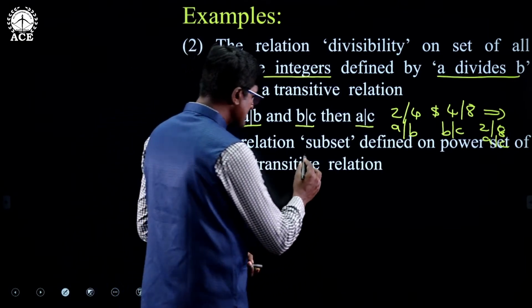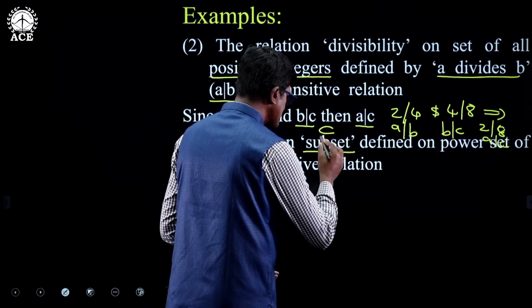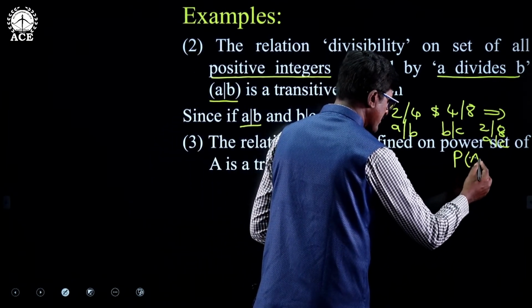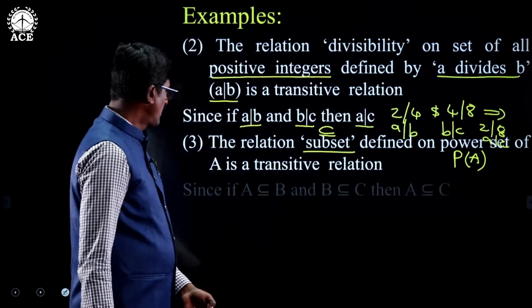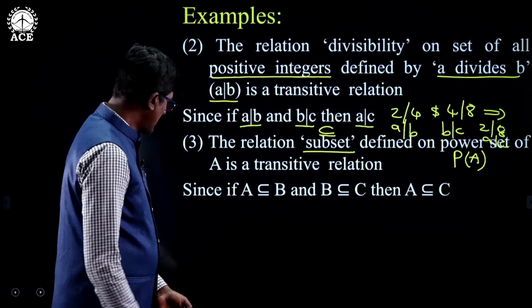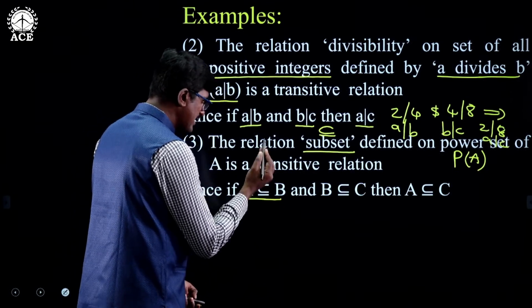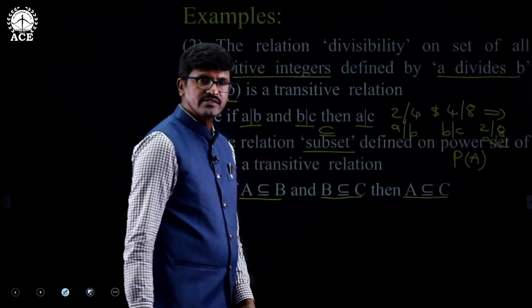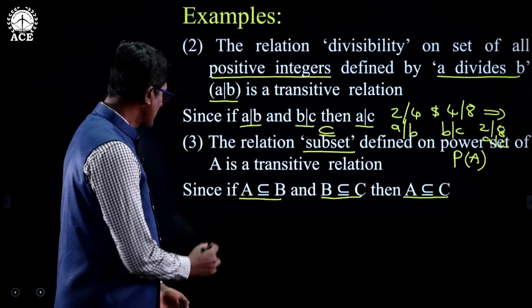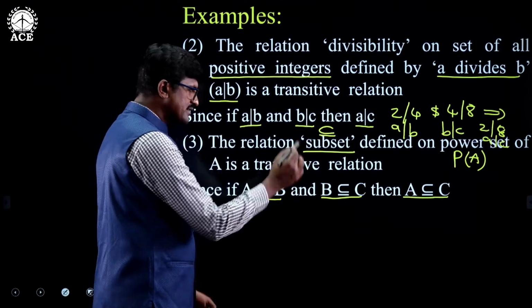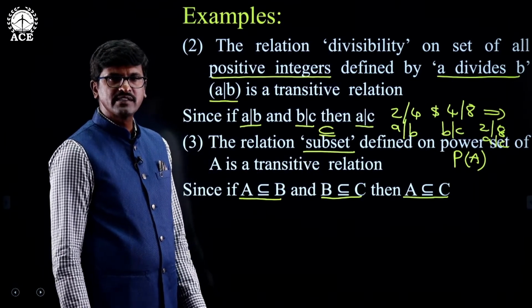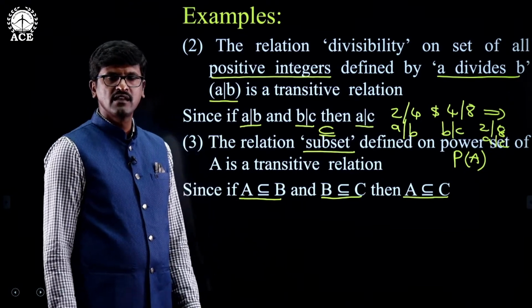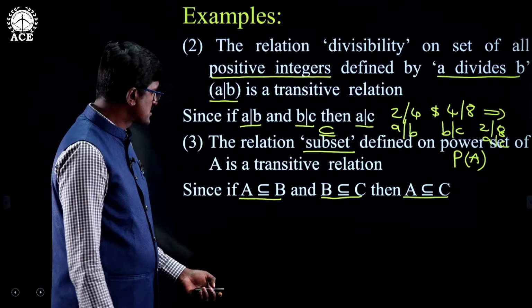Similarly, the relation subset defined on the power set of A, denoted P of A, is a transitive relation because if A is a subset of B and B is a subset of C, then A is a subset of C. For any three sets, if A is a subset of B and B is a subset of C, then A must be a subset of C. Therefore, the subset relation defined on the power set is also transitive.